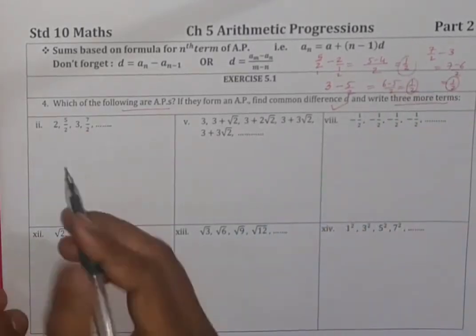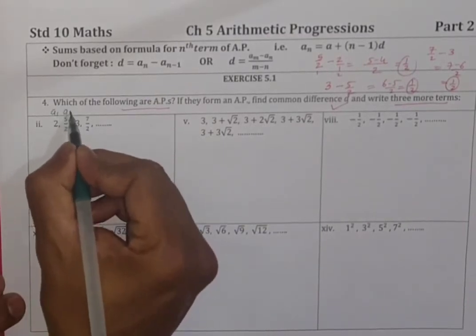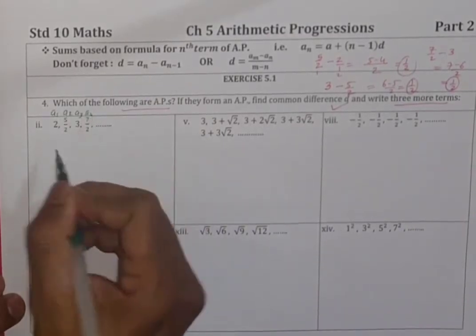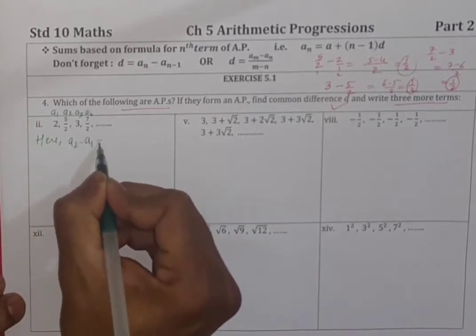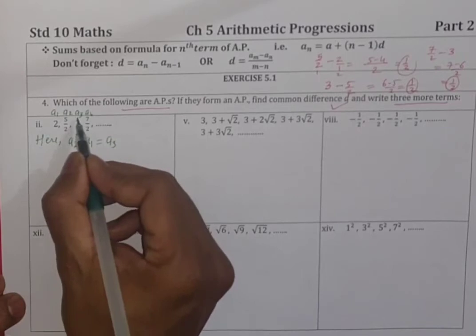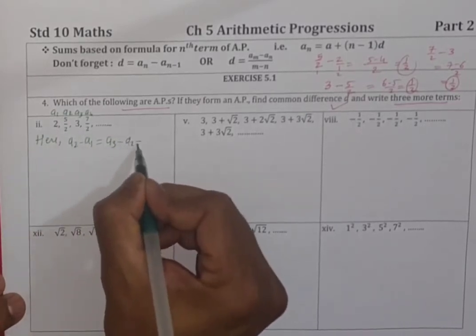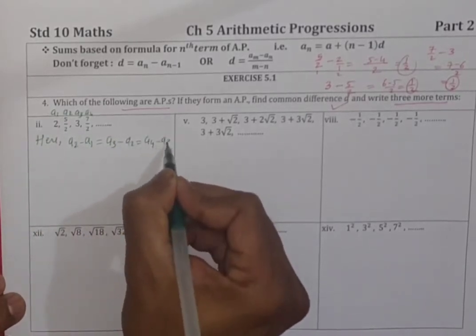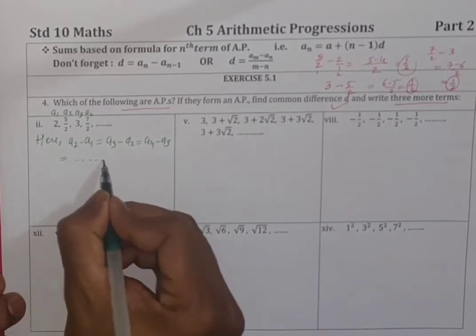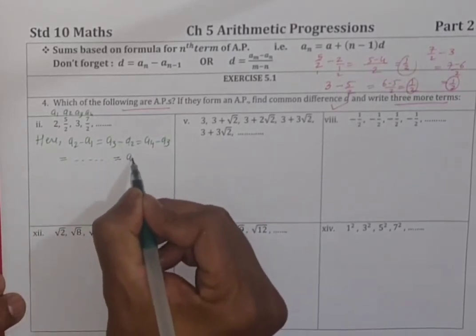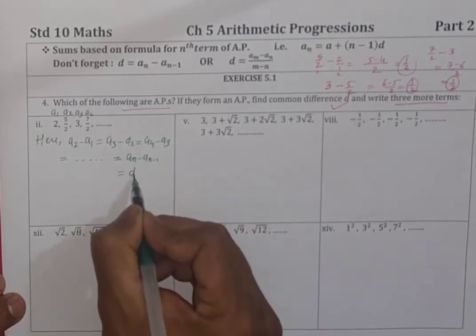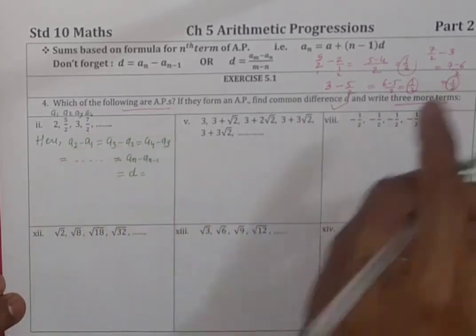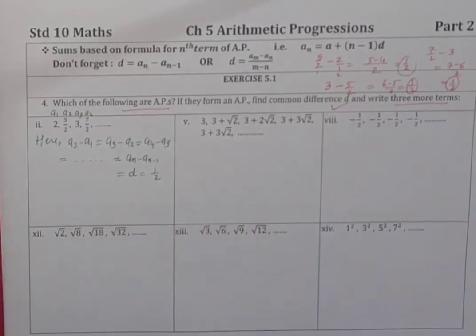Correct? So we can write this is your A1, this A2, this A3, this A4. Here A2 minus A1 is equal to A3 minus A2 is equal to A4 minus A3 is equal to dot dot dot is equal to the last one also will be the same, An minus 1, that is equal to common difference D and that common difference is 1 upon 2.